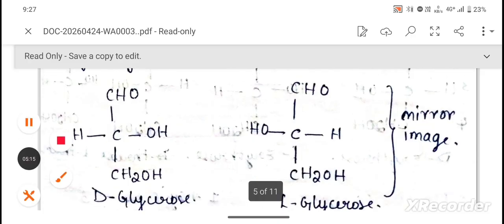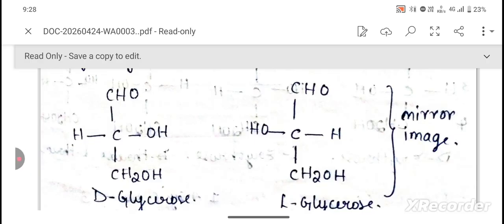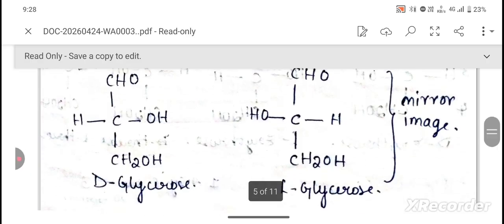In D-glycerose, the arrangement of hydroxyl and hydrogen groups will be like this; in L-glycerose it will be vice versa. So it forms mirror images, which are the two isomers of glycerose.